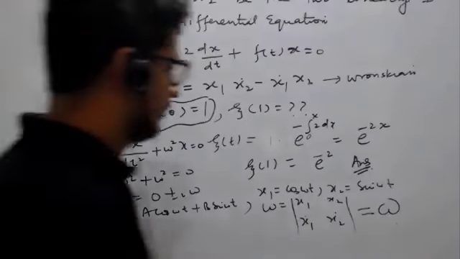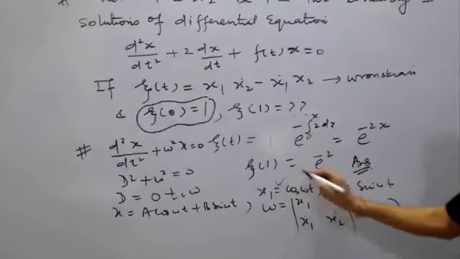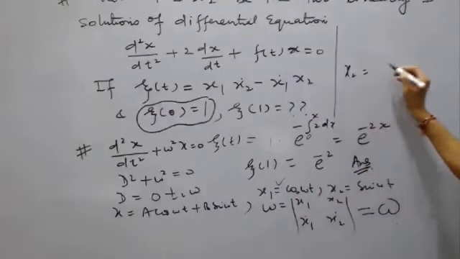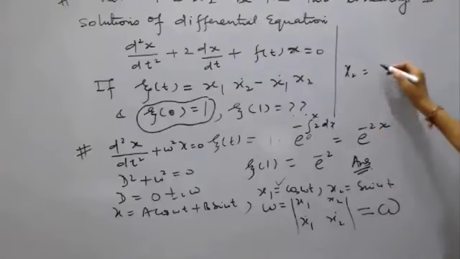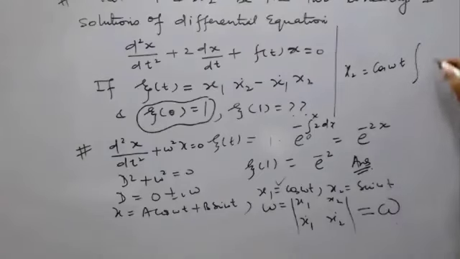Suppose omega is known and one solution is known. Then the second solution x2 will be cos omega t, y1 integral Wronskian by y1 square, sin square omega t dt.